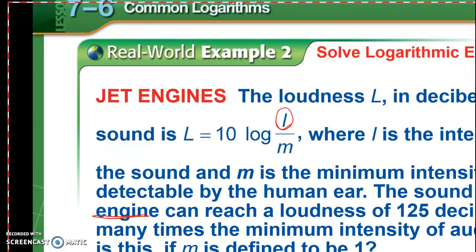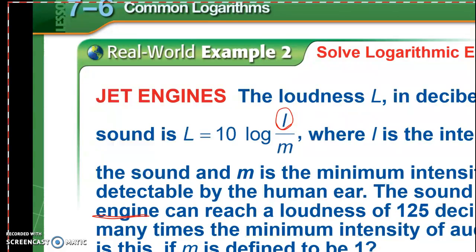And we're solving for I. Same process that we've been using. This should be starting to get kind of second nature. We get the log by itself, so divide by 10. So we get 12.5 equals log I. Anytime we have just one log, we isolate that log and write it as an exponential equation.